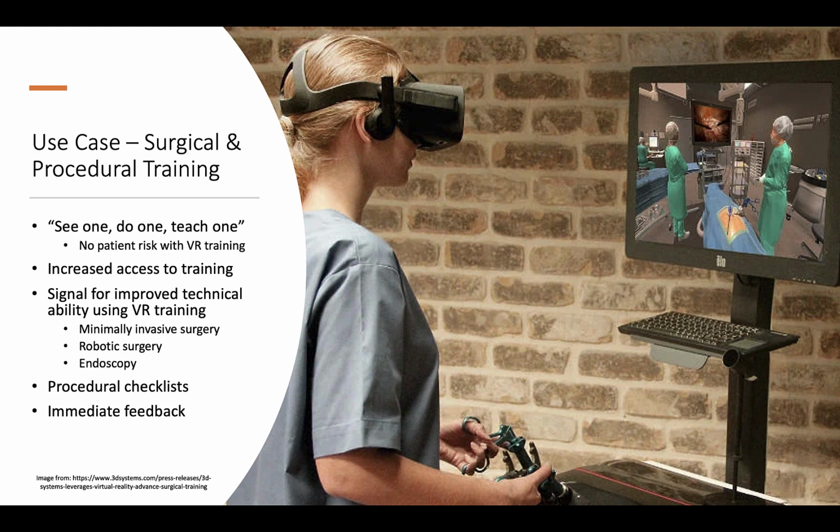One other aspect, one other process that could be trained within this type of environment is procedural checklists. One that has come up in the literature is training OR nurses to open scrub kits or OR kits, so open different surgical trays or other things like that, and walk through the procedural checklist that they have.